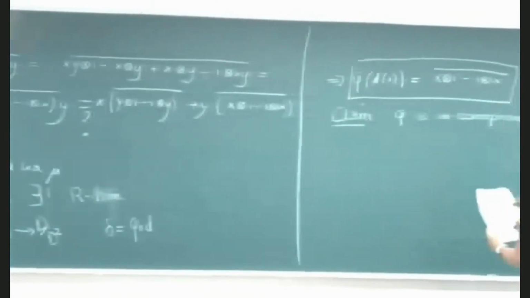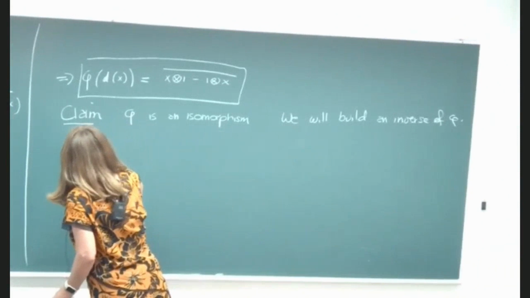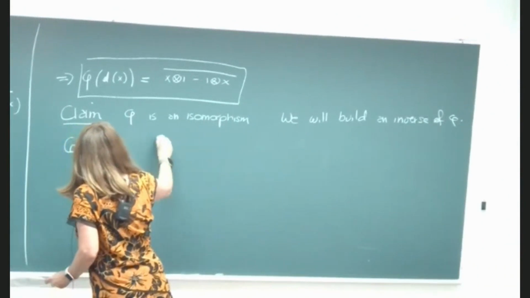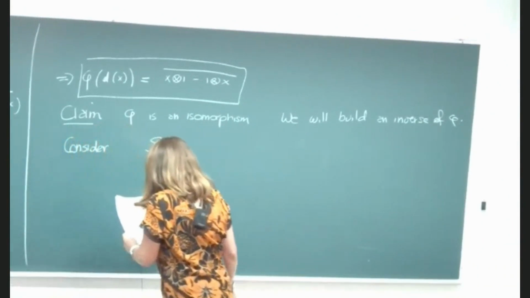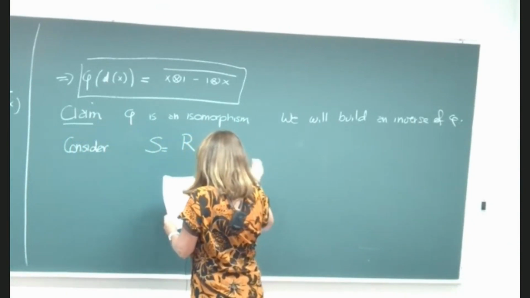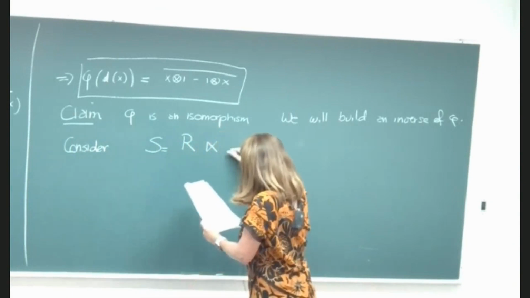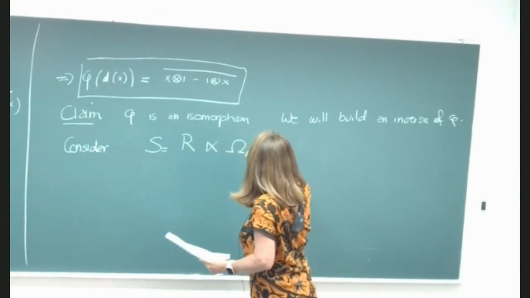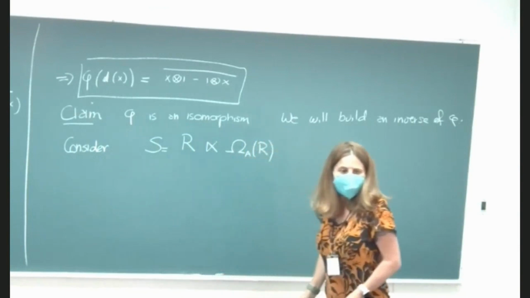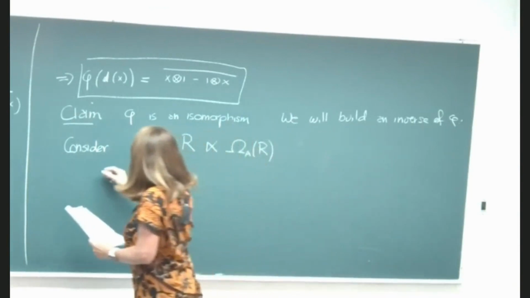So now, as I said, I consider the ring R ⋉ omega, which is simply the trivial extension. Different people use different symbols, but usually I use this symbol for the trivial extension. And I don't know how many of you are familiar with it.